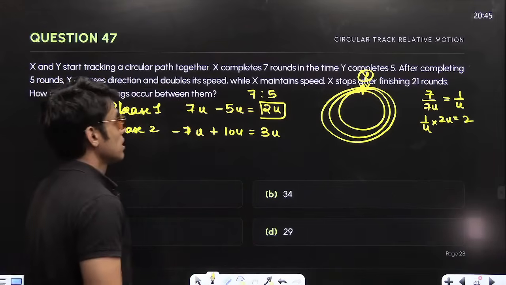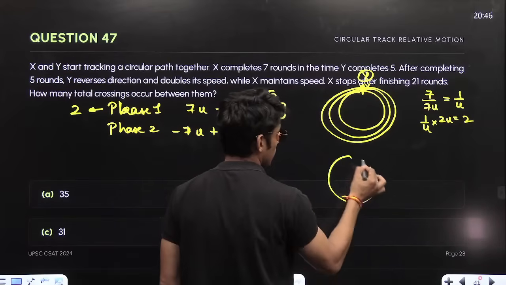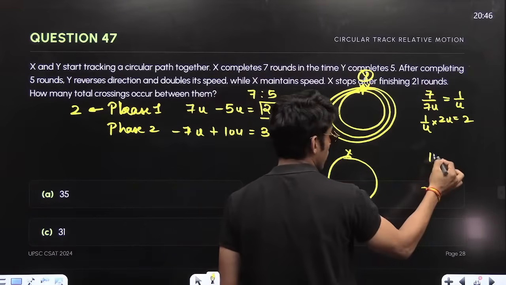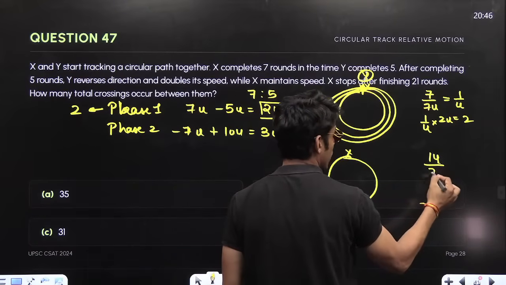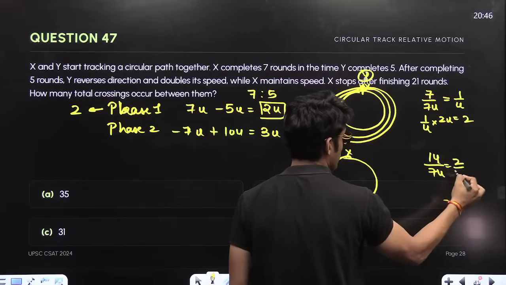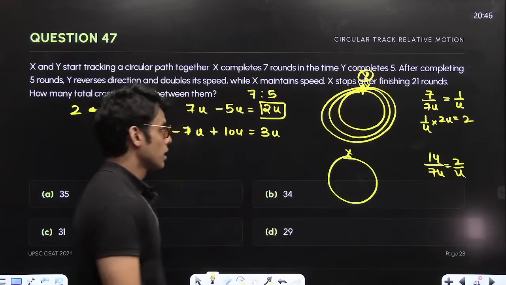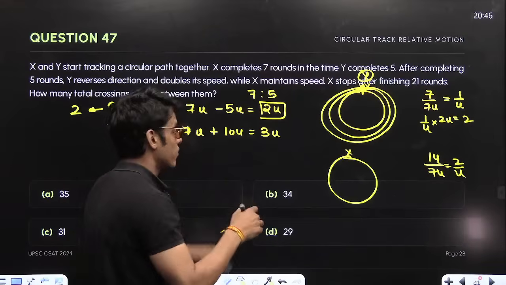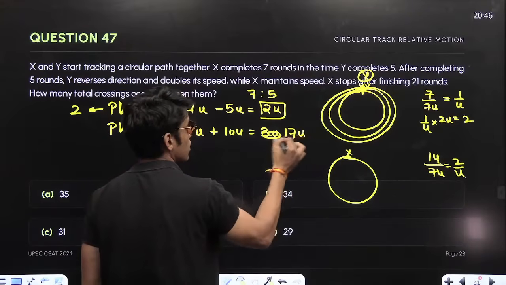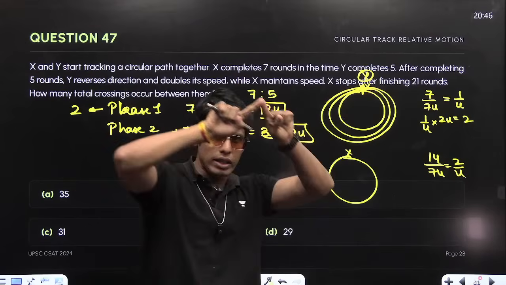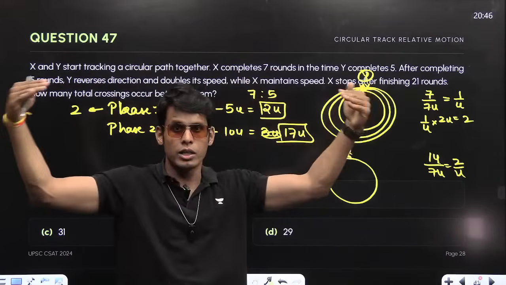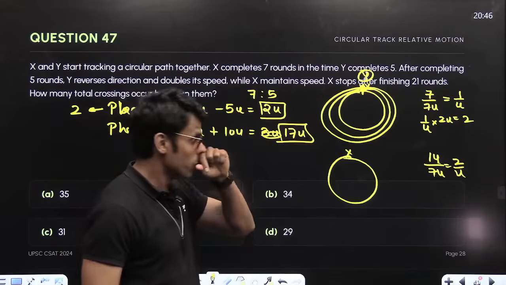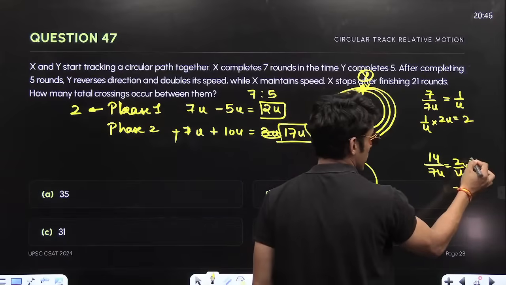First of all, X completed 14 rounds more with 7U speed, which takes 2U time. Now, when they are moving in opposite directions, their speeds get added, so the relative speed now becomes 17U. So, into 17.